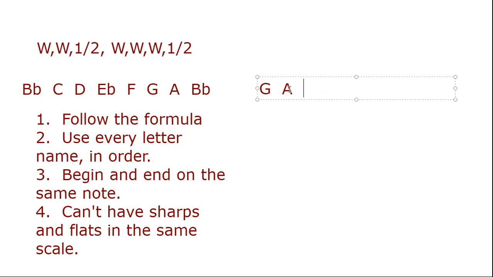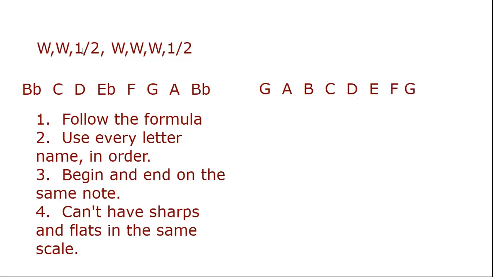G, A, B, C, I'm trying to space it out a little bit, D, E, F, G. Oh, I missed E. That's why it looks weird. E, F, G. There we go.